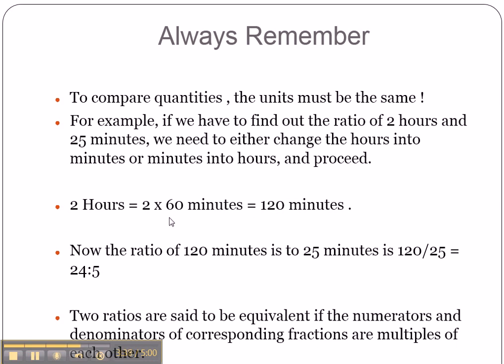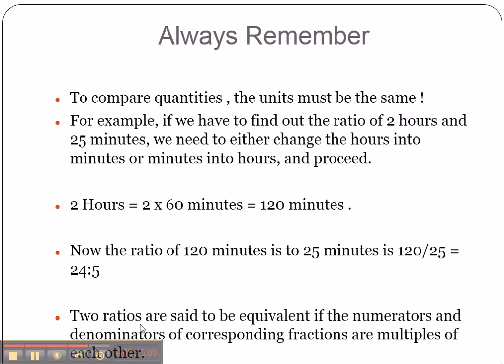We all know that in 1 hour there are 60 minutes. So in 2 hours there will be 2 into 60 minutes. What is the value? It is 120 minutes. So now the ratio of 120 minutes to 25 minutes is 120 upon 25, which equals 24 by 5. That is the simplest form.